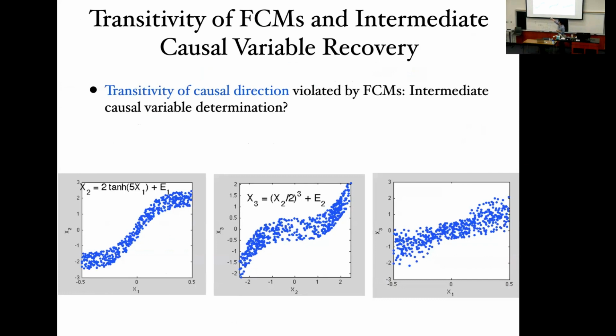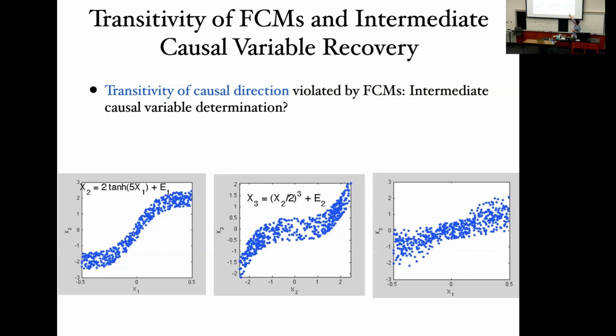X1 causes X2 with nonlinear influence and additive noise. X2 influences X3 with a nonlinear function and additive noise. Good. Intuitively, you may say, in this case, even if I ignore X2, I can say X1 influences X3, right? Because causal influence itself is usually transitive.